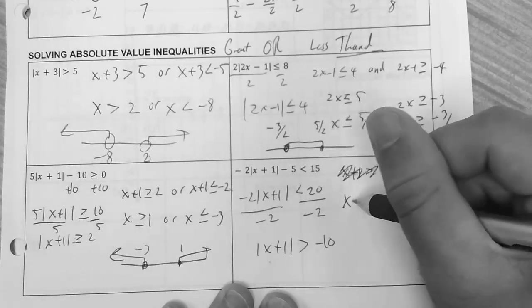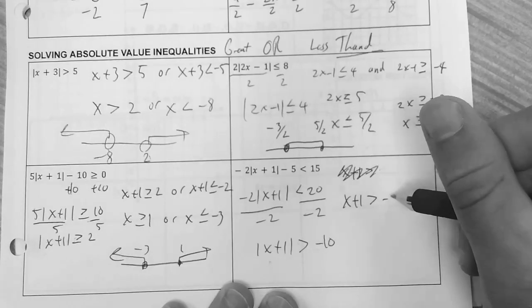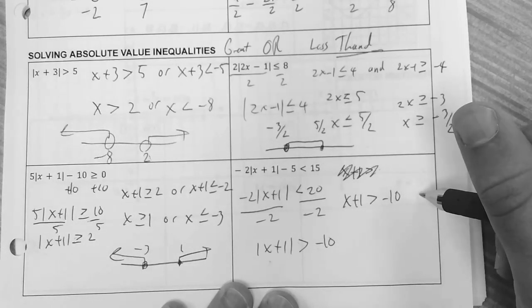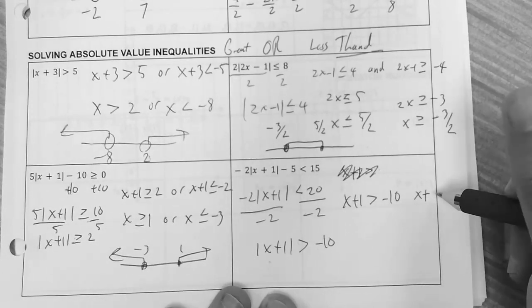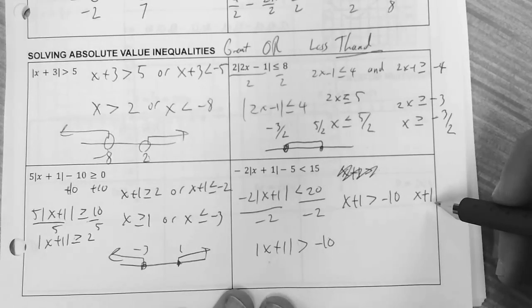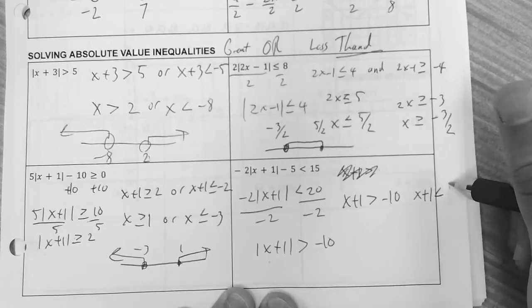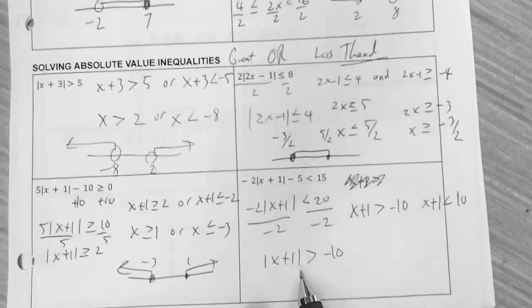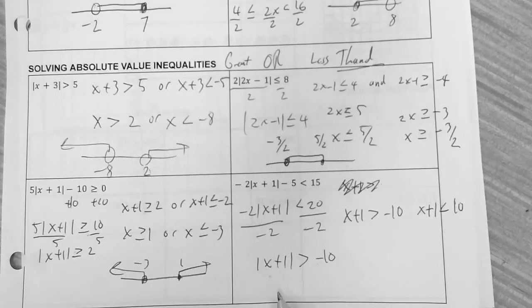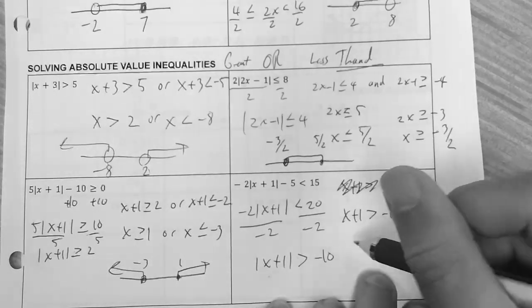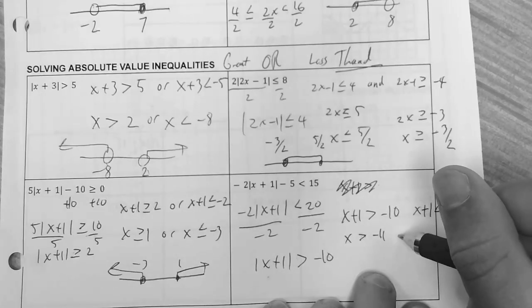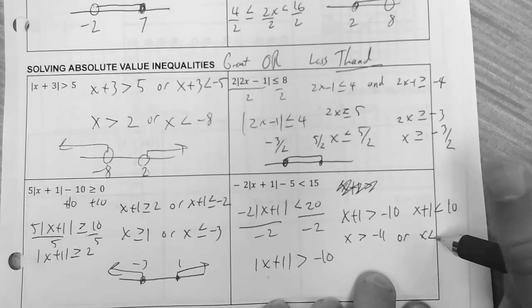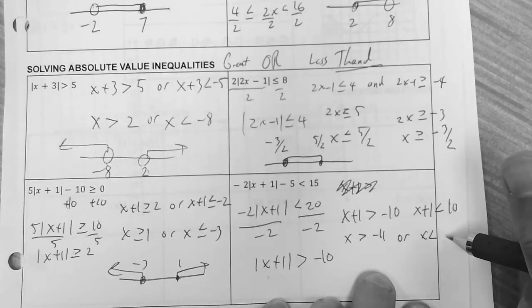X plus 1 is greater than negative 10, or x plus 1 is less than 10. Okay, so that means x is greater than negative 11, or x is less than 9.